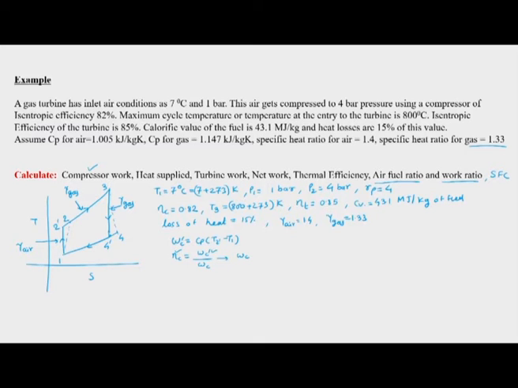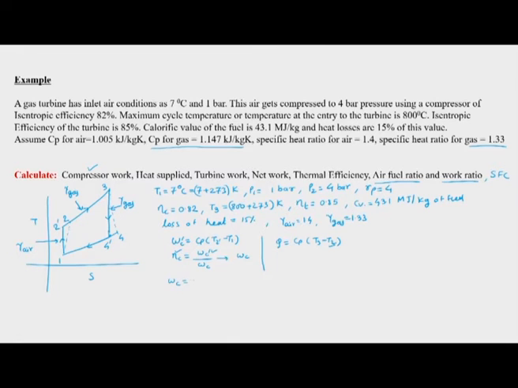Then we want to find out the heat supplied. Heat supplied is simple. Here Q is equal to Cp into T3 minus T2, where we are given Cp for gas. So we need to find out T2.